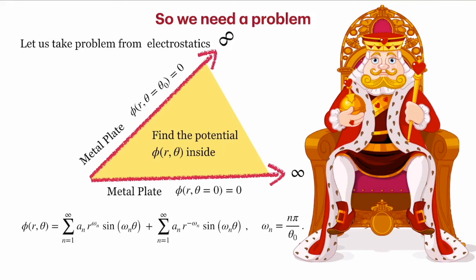Here omega n, we have said, is n pi by theta naught, such that it satisfies the boundary condition of 0 potential on both metallic plates, that is, theta equal to 0 and theta equal to theta naught. Now clearly there is a problem here. We have both 0 and infinity in our domain. So in principle, we cannot throw out any of these terms.